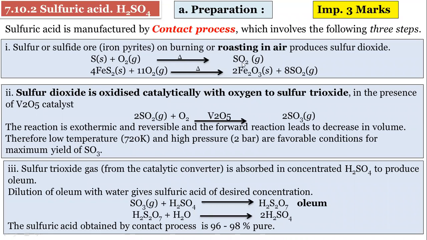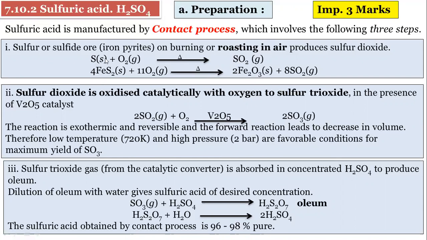This sulfur dioxide gas is prepared by using sulfide ore. By burning this sulfide ore in air, we get sulfur dioxide. Another method of preparation of sulfur dioxide is by using iron pyrites.